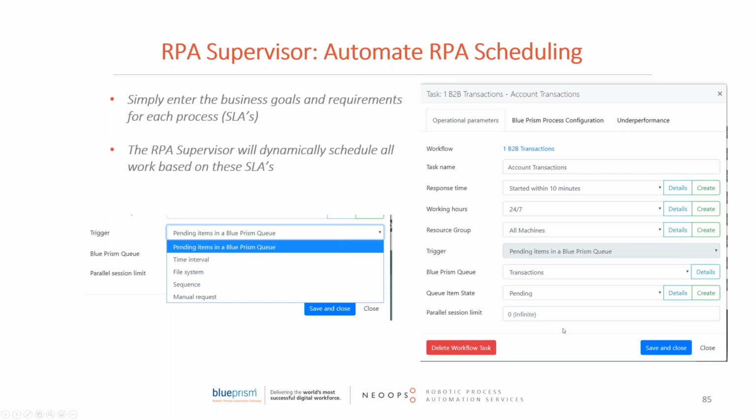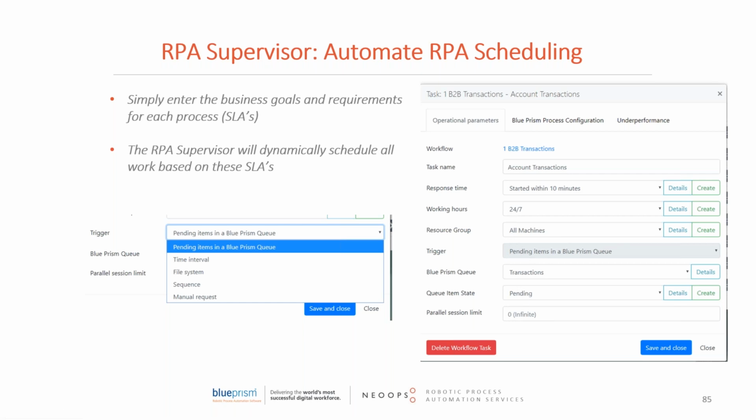So you are not defining your schedule as, okay, run every 5 minutes every day. You are just saying, run this process when there is a pending item in a Blue Prism queue, and run it on all machines or a group of machines, and the working hours when the process can run are 24/7 or something different. And you want to start the process within 10 minutes when the pending item appears in the Blue Prism queue.